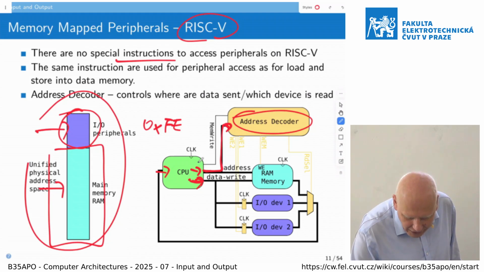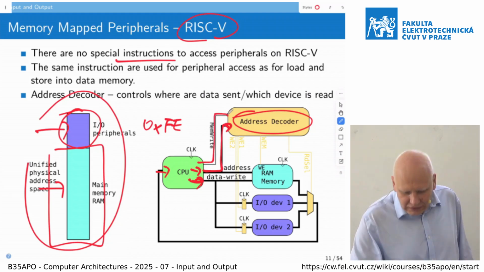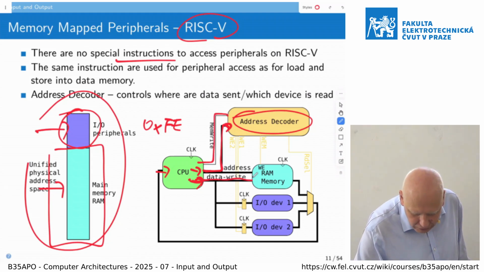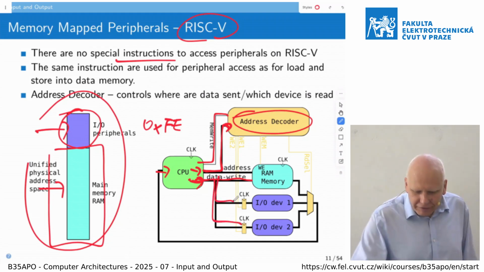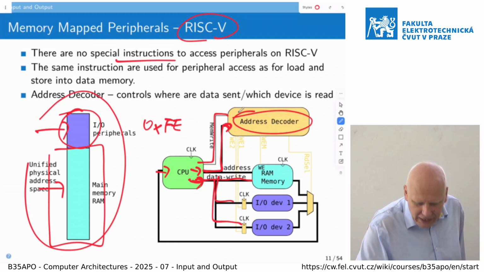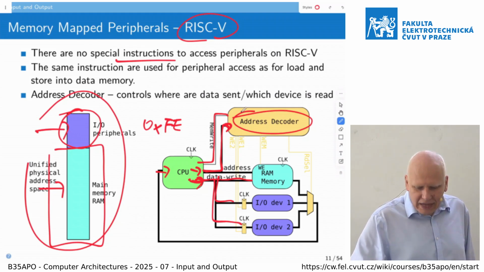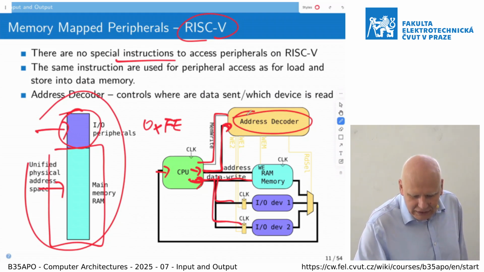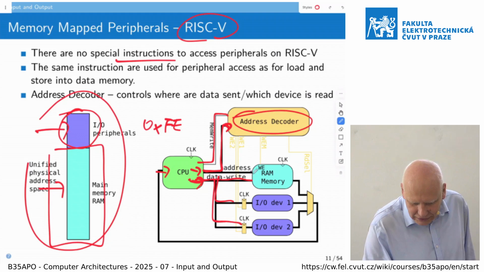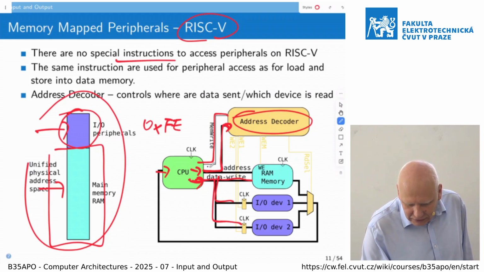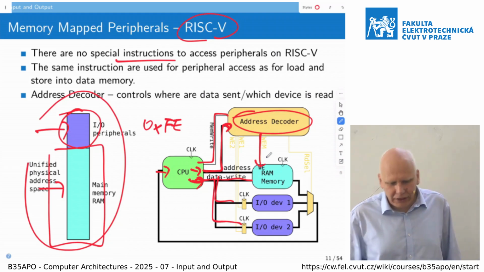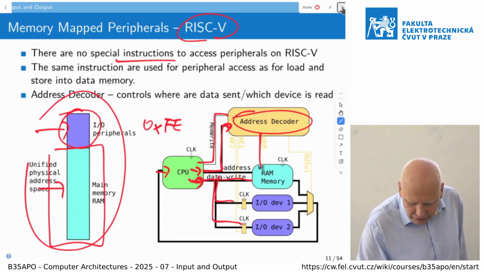If there is a write from the processor, then the data can be connected to both peripherals and memory. But a write signal, when it arrives, is gated by the selected address. So if it falls into the memory address range, then the write signal is delivered to the memory, and memory stores the data.